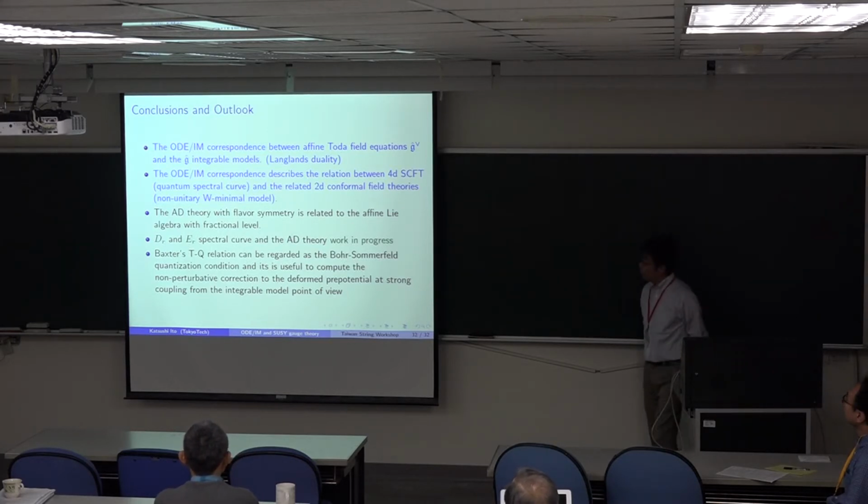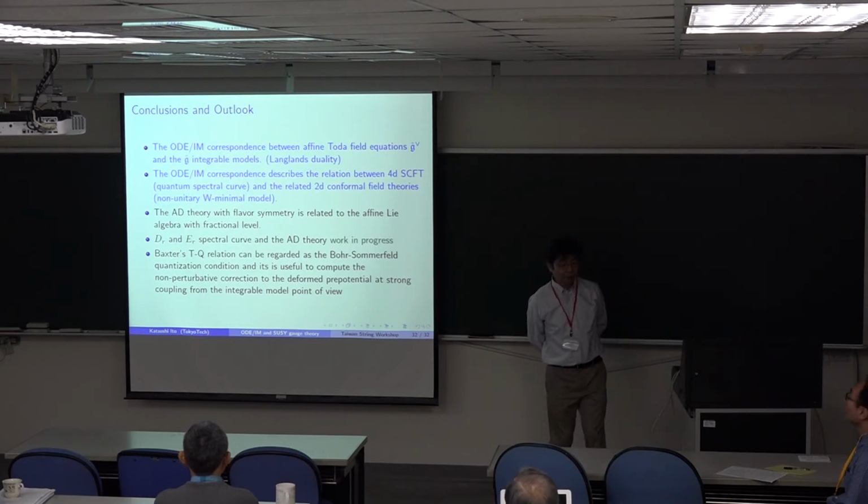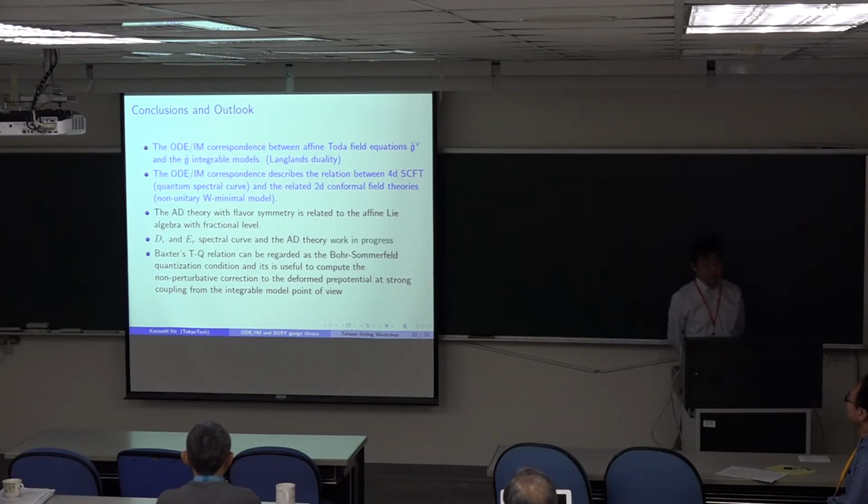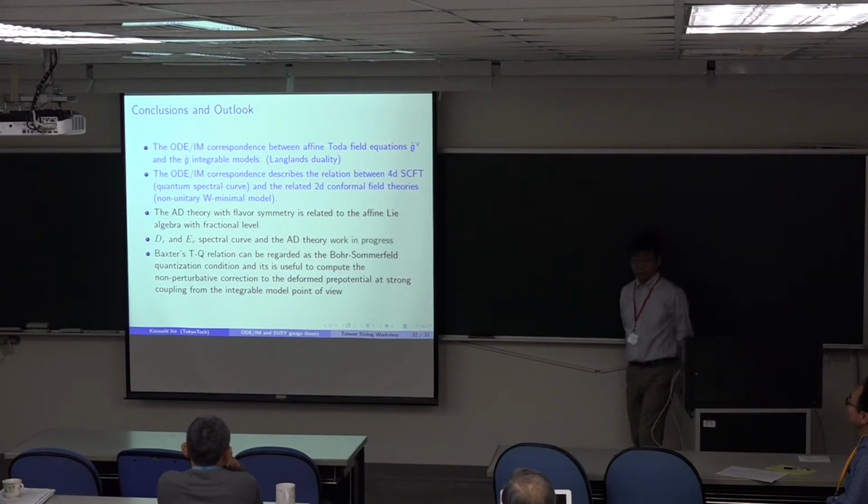Interestingly, this has some sort of Langlands duality between the ODE, affine Toda, and the quantum integrable model. So the ODE/IM correspondence describes the relation between ODE, CFT, Argyres-Douglas theories, and the related 2D coset field theories, that is, non-unitary W minimal models.